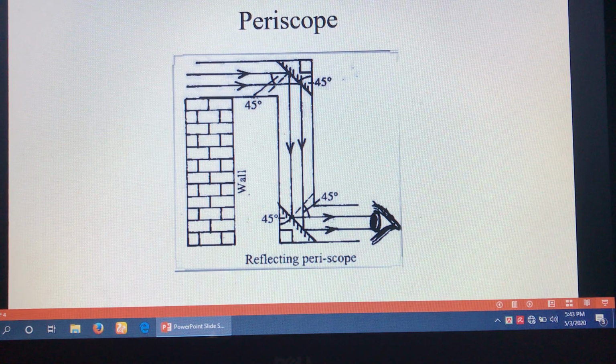This is the periscope. In a periscope, two plane mirrors are used.